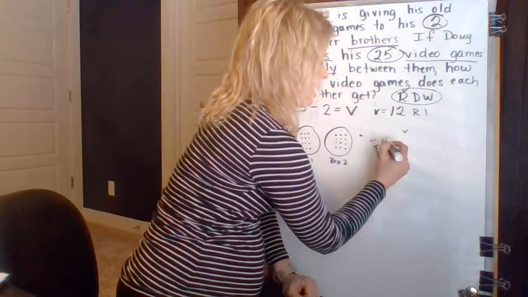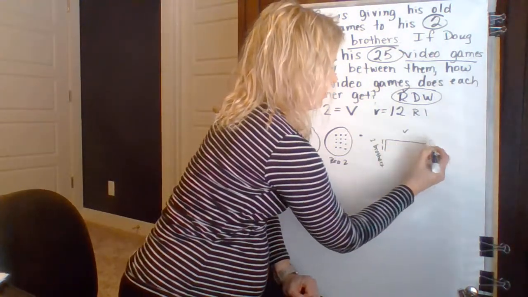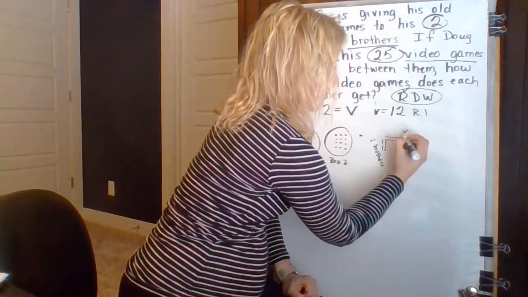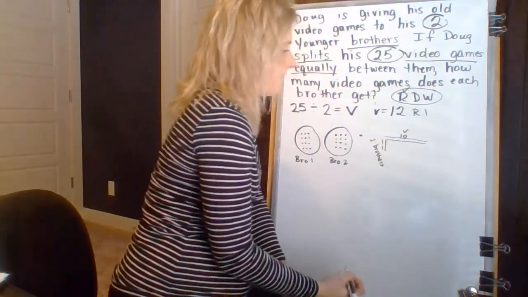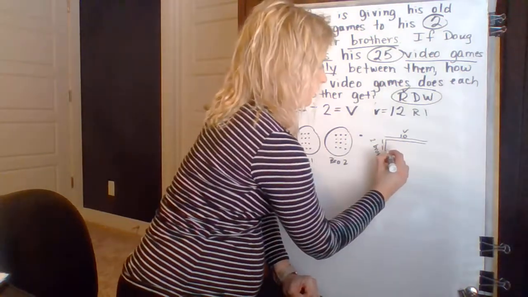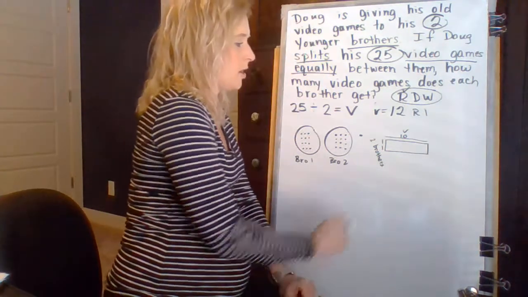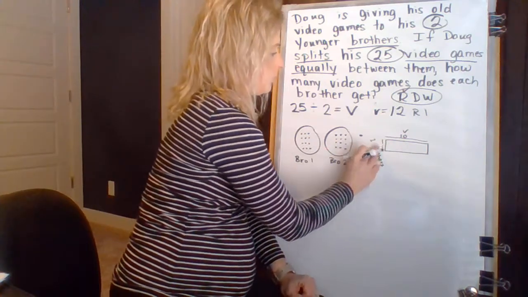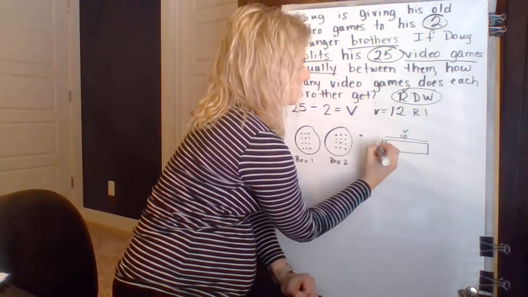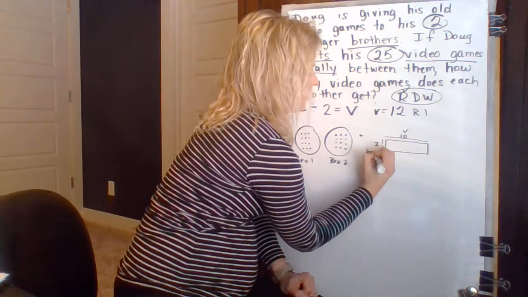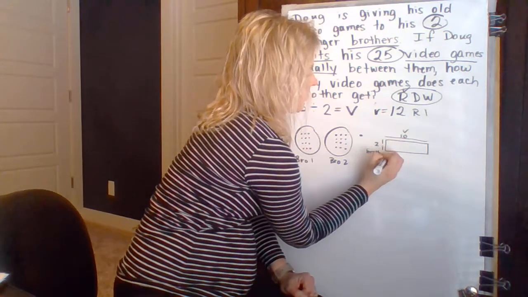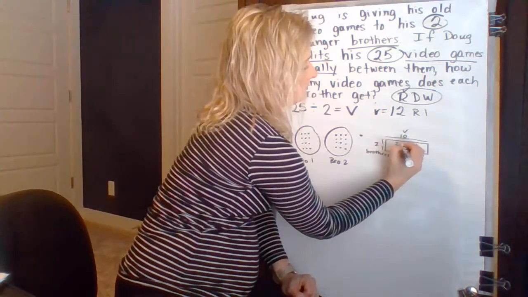I think I can give each brother a whole strip. I can give each brother 10 video games. So I'm going to fill in that area model there. I'm going to turn this around because I feel like it looks confusing. What's 2 times 10?